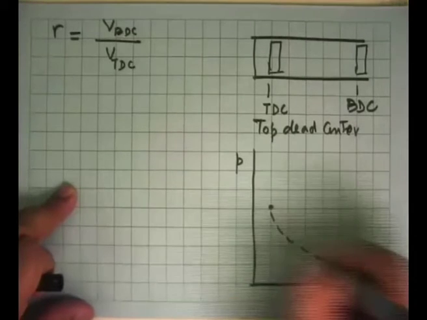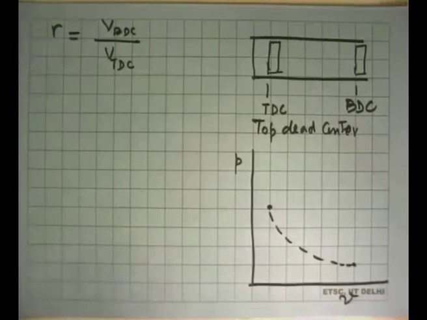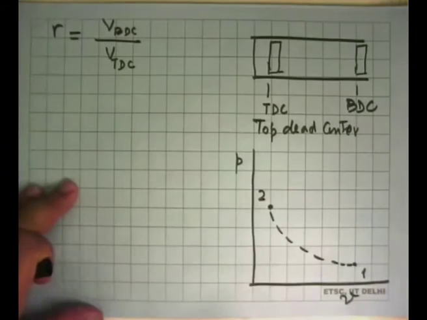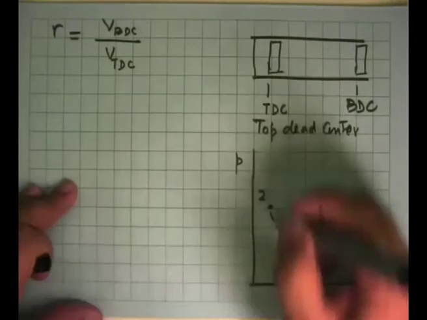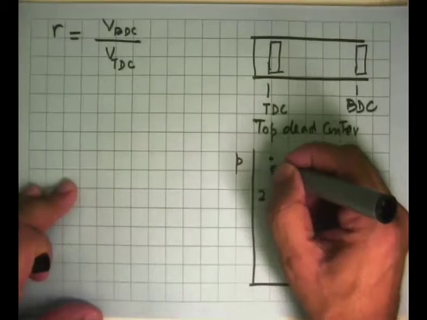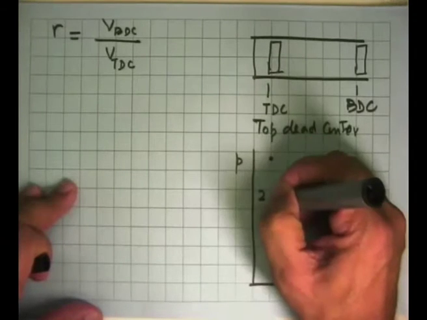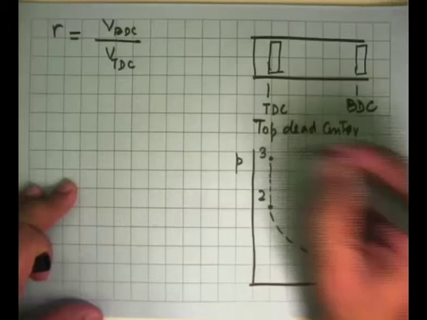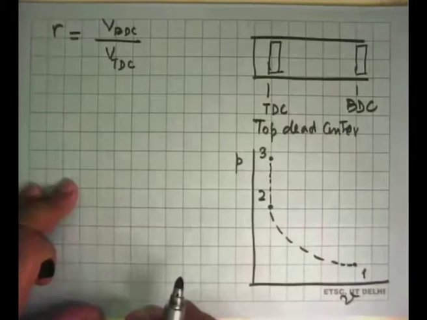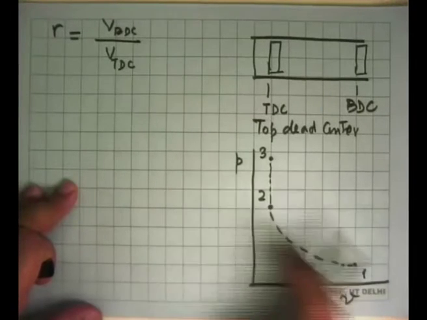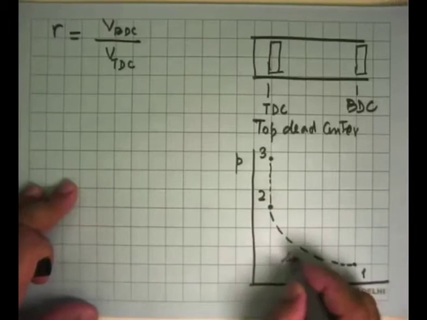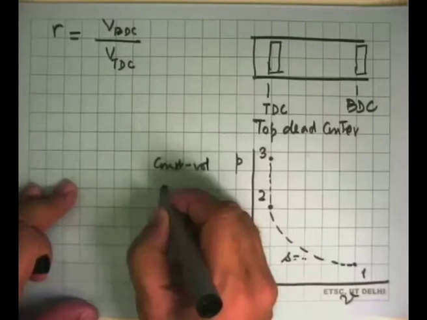This will be a solid line because I'm showing that these are ideal processes. This is state 1, this is state 2. Then in the ideal cycle, we have constant volume heating. So from here it goes and gets to state 3. This is constant volume heat addition.